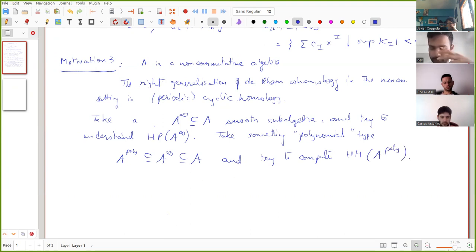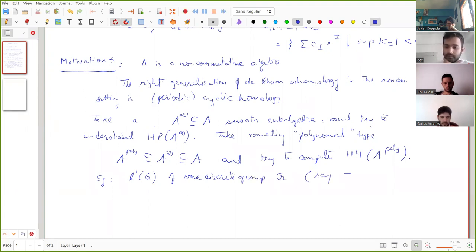Okay, so now this is all pretty abstract. So let's take some examples. Let's say we want to understand the group algebra, the L1 group algebra of some discrete group G, say Z. So that is A. Now, if you know something about cyclic homology, then this is something which is practically impossible to compute.